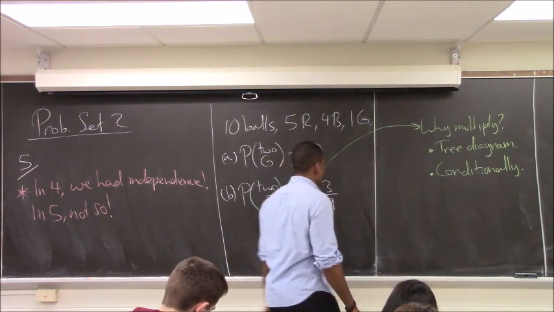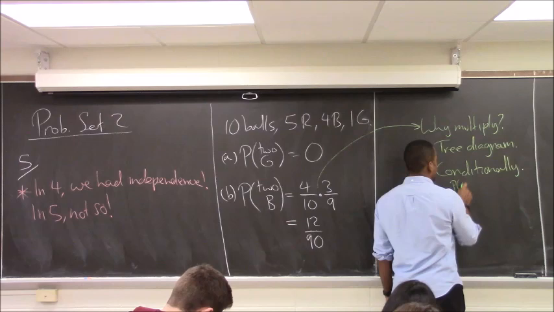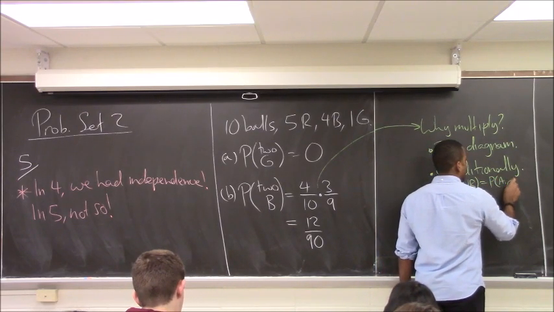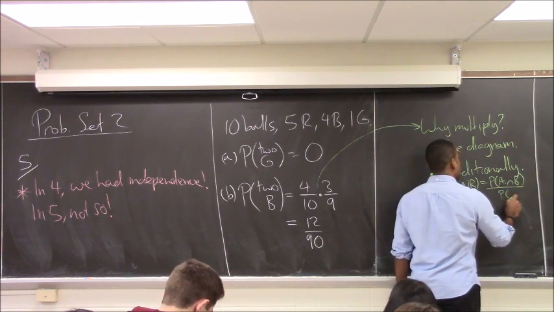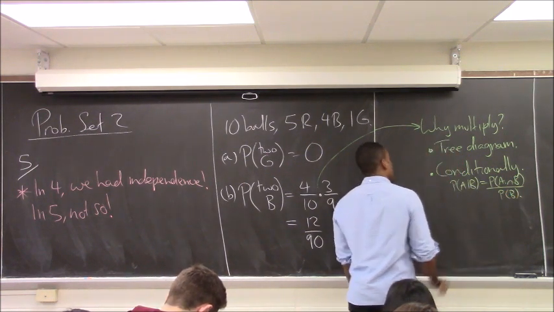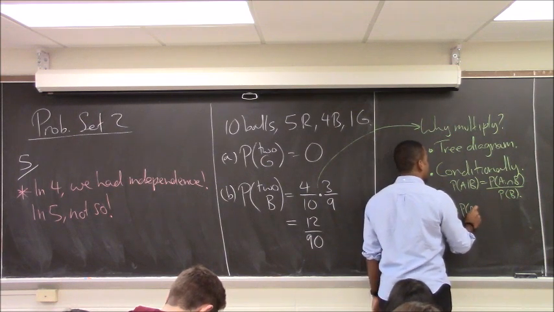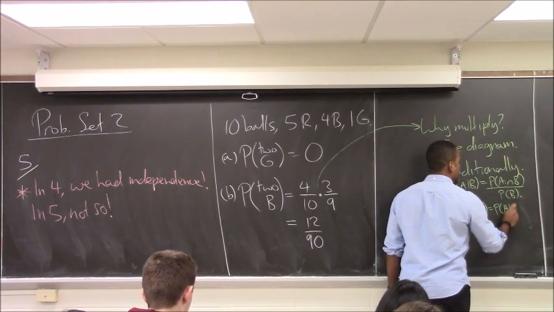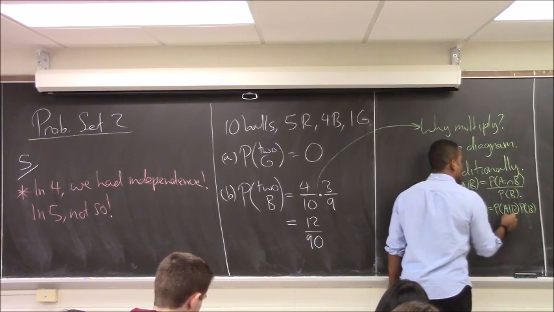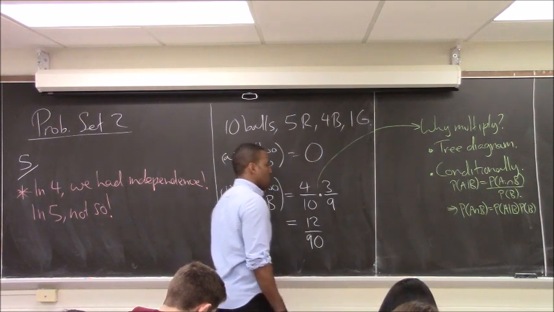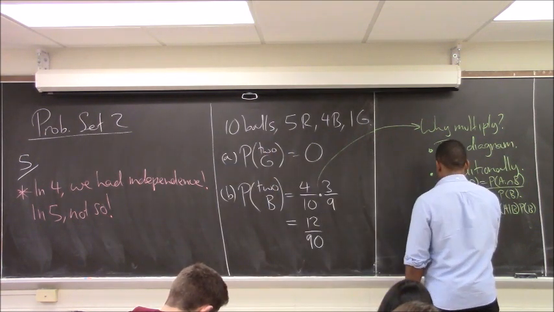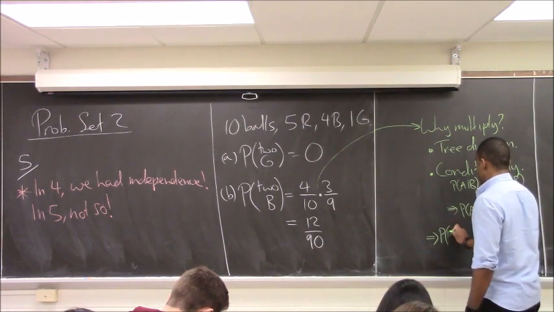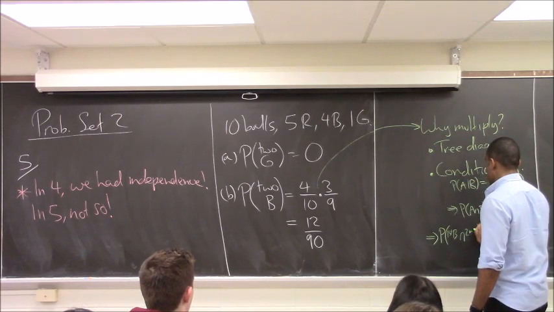So recall that the probability of A given B is the probability of A and B divided by the probability of B. I can actually solve this for A and B and write it as a product of probabilities where one of them is a conditional. In other words, we can think of it as the probability of the first blue and the second blue.